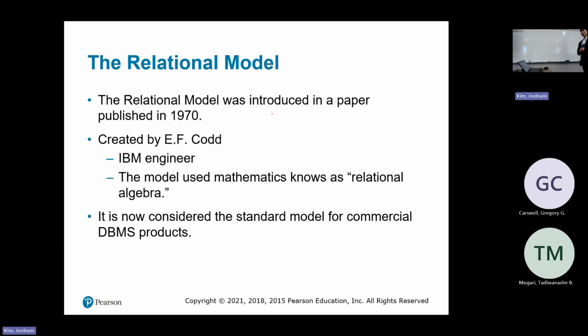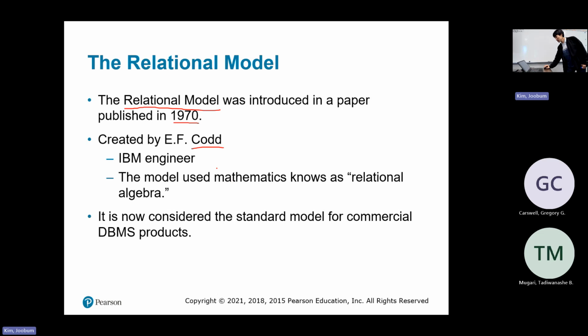And for the relational database model, I'd like to introduce the history of the relational database system. The relational database model was introduced in a paper published in 1970, maybe 55 years ago, created by E.F. Codd. He was an IBM engineer.